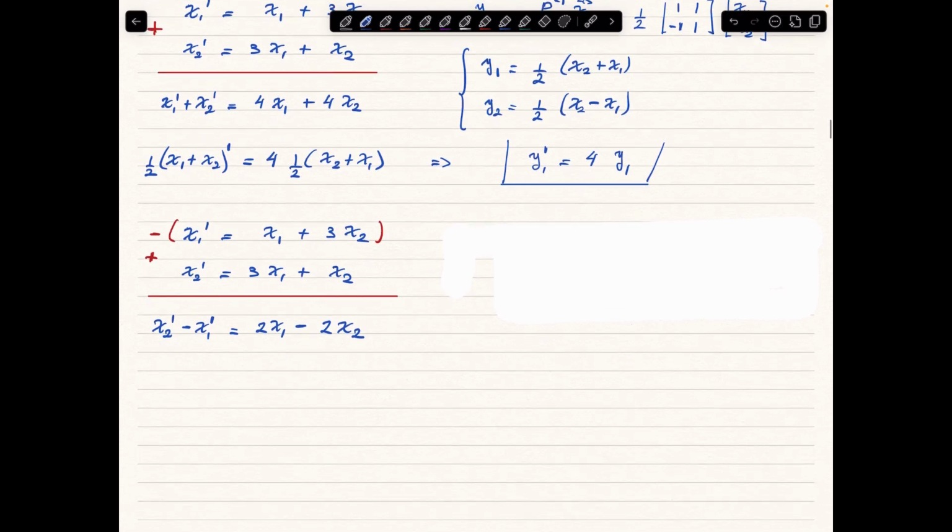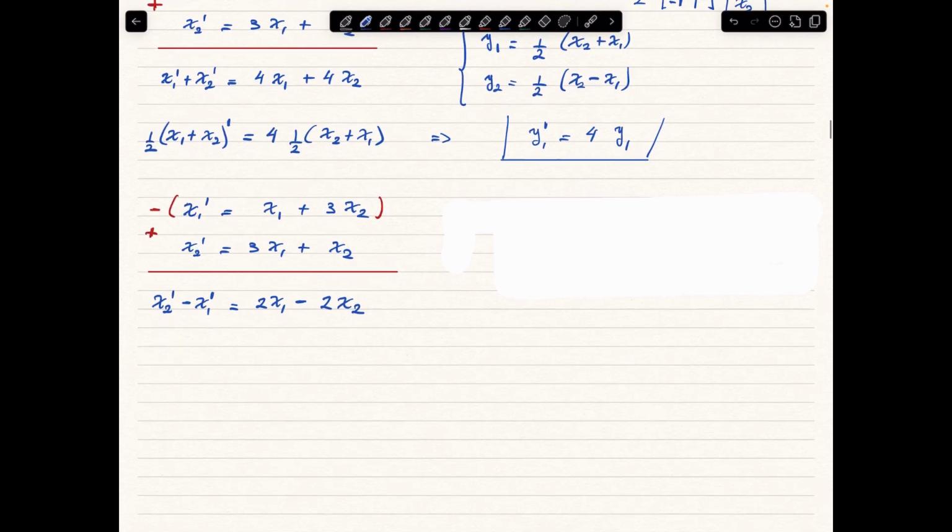So if we write this in terms of x2 minus x1, what we get here is x2 minus x1 all prime, and here we have a 2, but I want x2 positive. I want x2 positive minus x1, so I need a negative here, and now I can divide by 2 if I want.